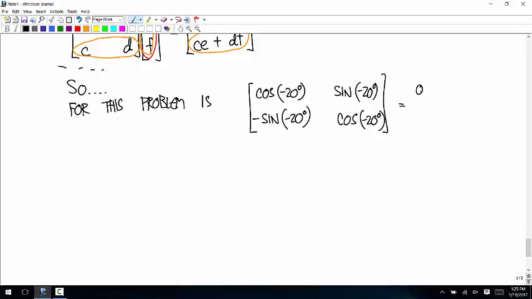That comes out to be 0.940, negative 0.342, positive 0.342, positive 0.940.